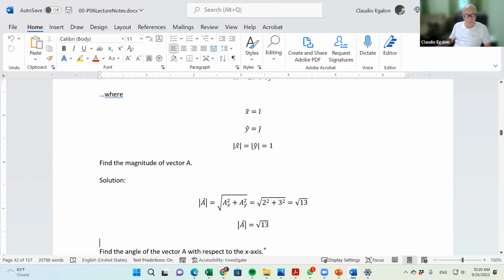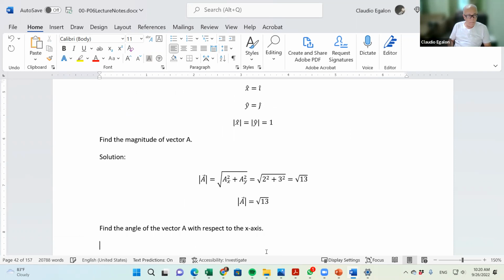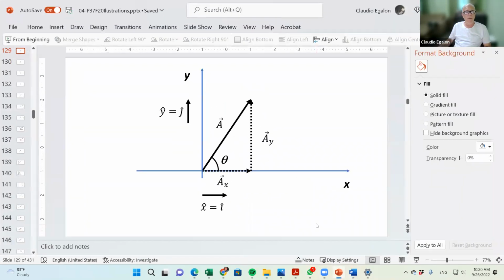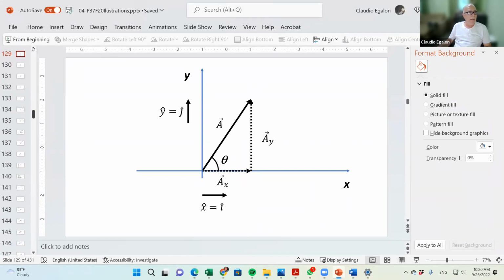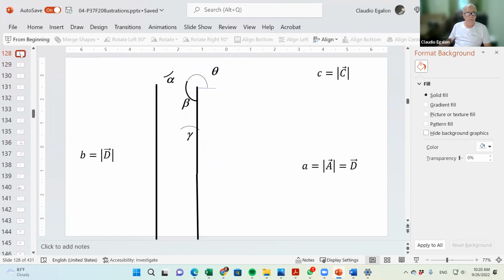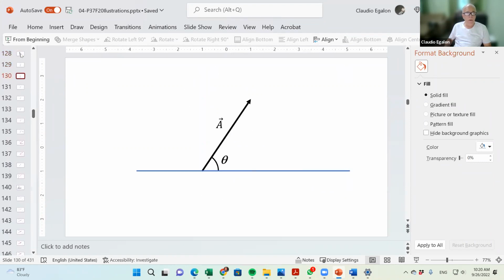So there's going to be another solution. You have to illustrate this vector, right? Here you go. You have the angle theta. Let's see if I have it here. No, not this one. This one. Here you go. I want to know this angle theta.